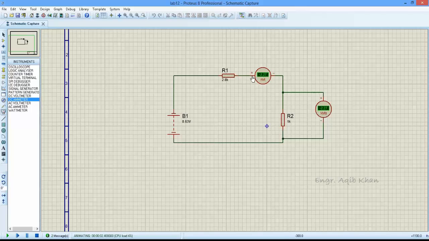VL is minus 2.27, and current is also minus 2.27 milliampere.